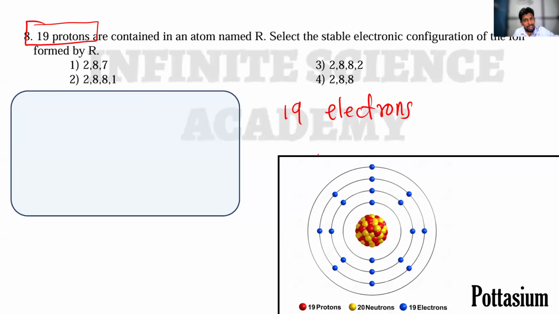If they have 19 electrons, you know how to fill that, right? That is potassium. 2, 8, so 2 plus 8 is 10, another 8 is 18, and another 1 electron because it is 19. So 2, 8, 8, 1. So the second answer will be the correct answer.